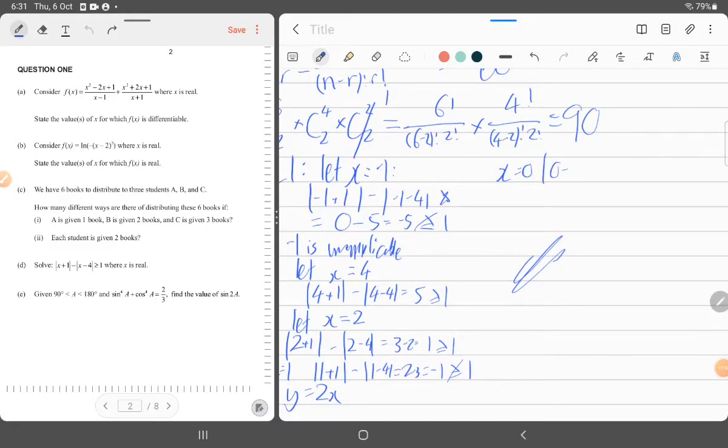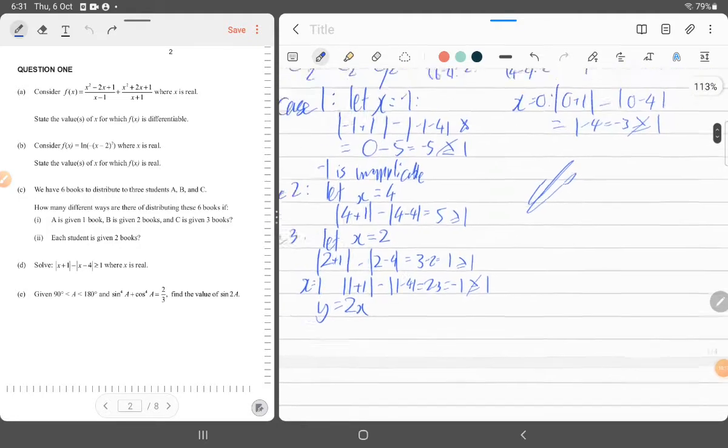Absolute value of 0 plus 1 take away absolute value of 0 take away 4, which is equal to 1 take away 4, which is equal to negative 3, which is not greater than or equal to 1.